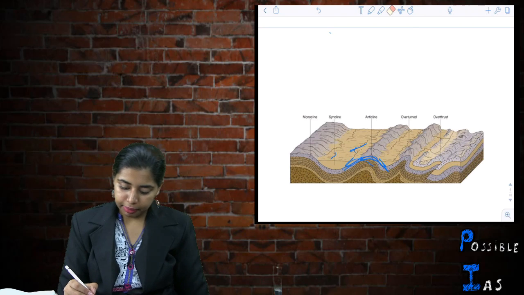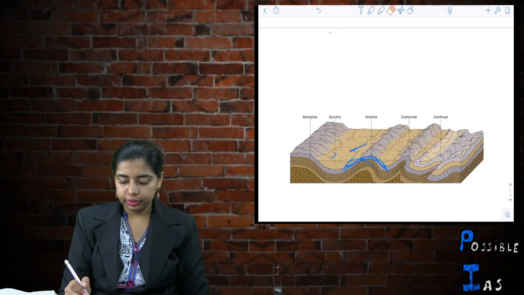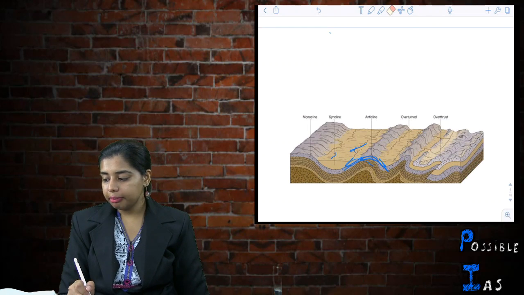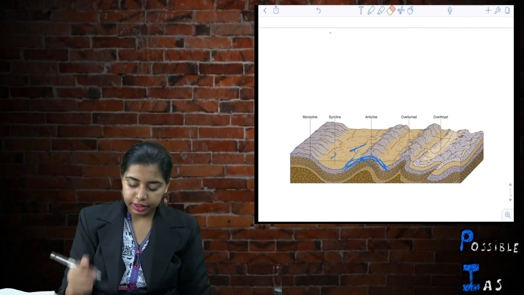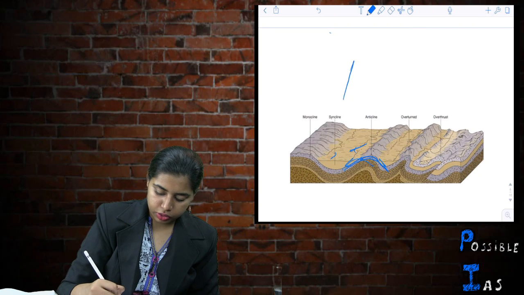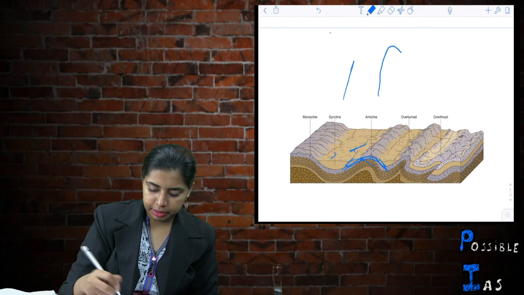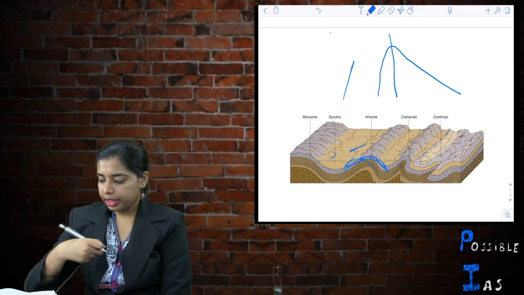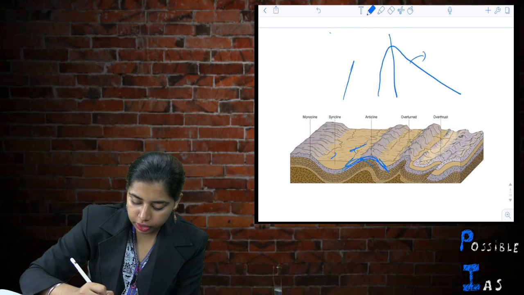When one limb is almost vertical, like this, and the second limb is dipping, in this case it is known as an overturned fold.